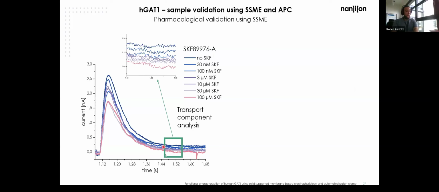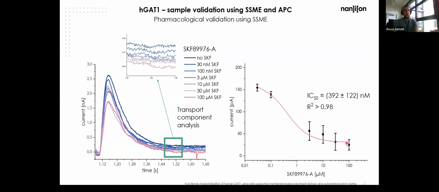We will see later why I picked the current here instead of here. But anyway, this is the transport component, and if we plot the current as a function of SKF concentration, we can see the potency of this inhibitor, and this value is again in very good agreement with what it should be.